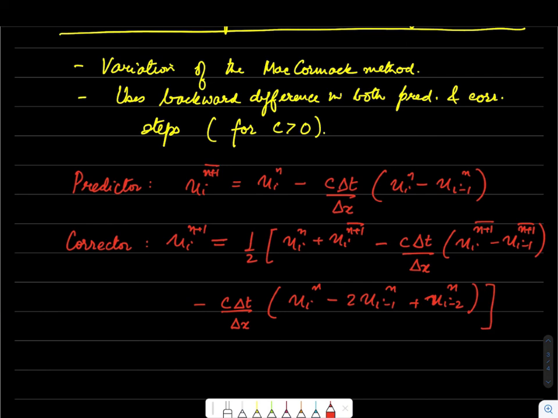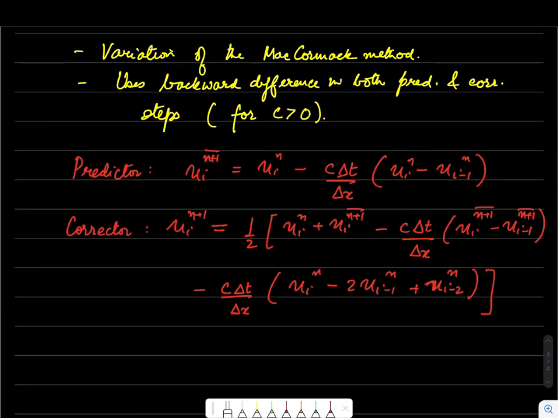So that is the scheme. You can always combine the two steps, which I'll just show in a second. But more importantly, if you look at the scheme now, this step, which is a backward difference step, is what will actually give this scheme a second order accuracy. So this will make it order Δx² Δt² accurate.